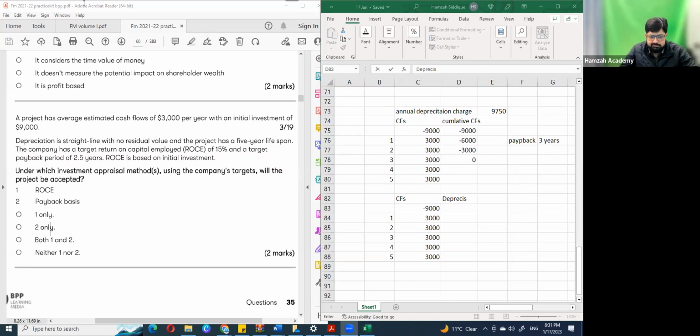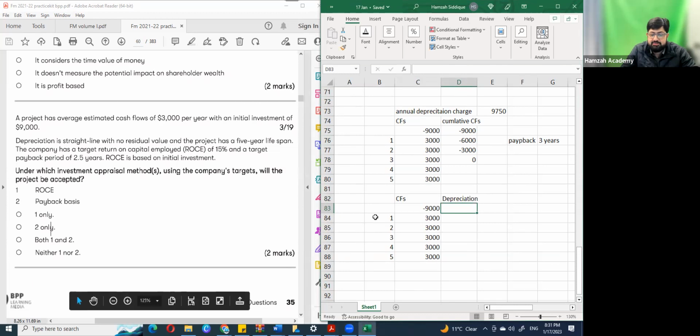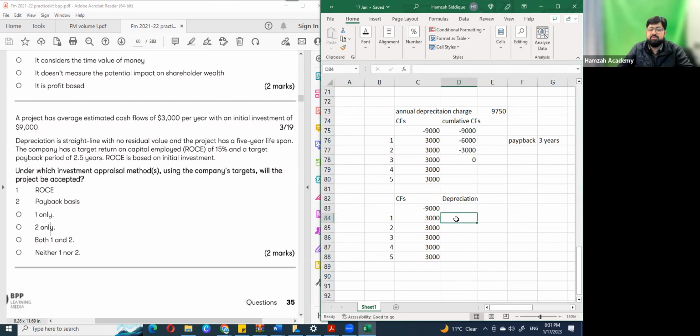So the depreciation charge. Now give me the annual depreciation charge. Be quick. Tell me.